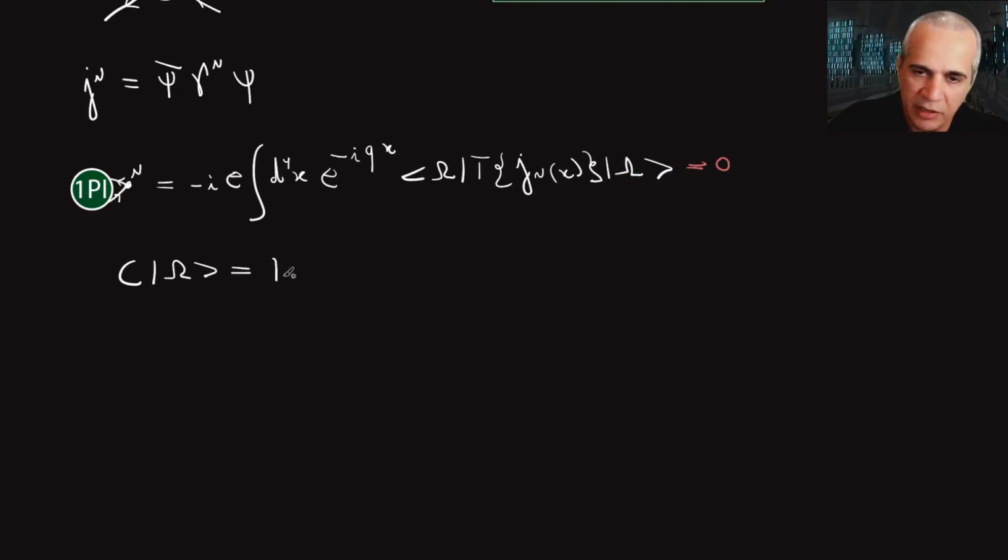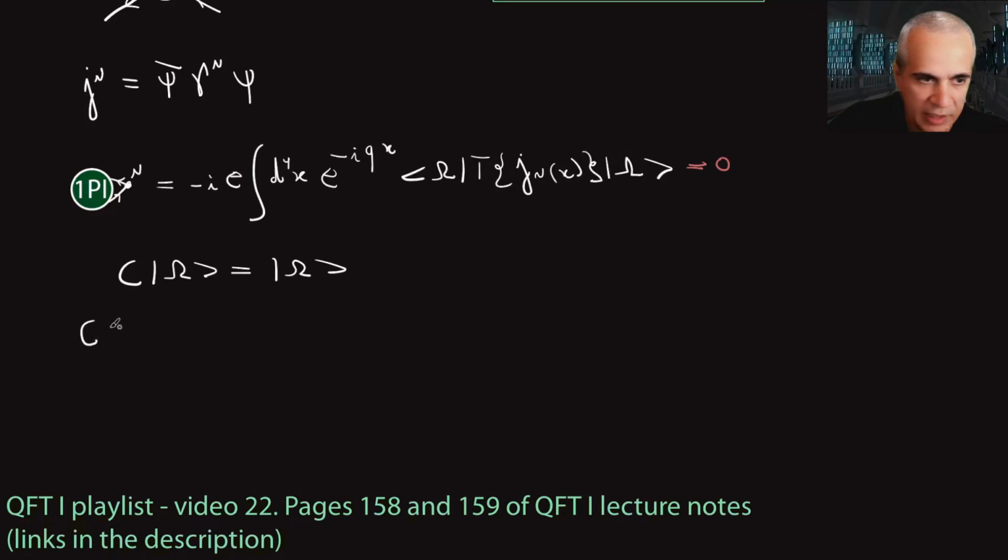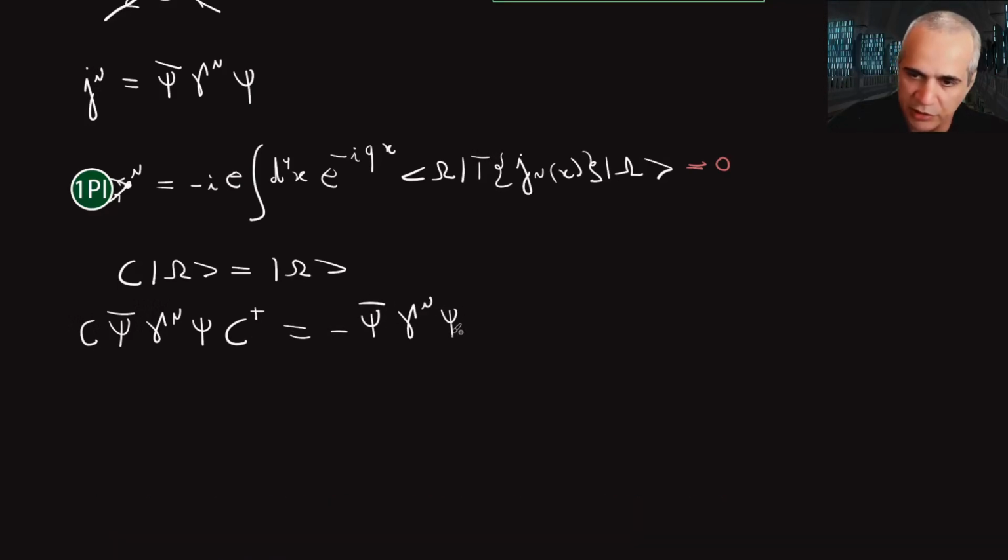The vacuum of QED is invariant under charge conjugation, right? And we have seen in quantum field theory 1 that this operator, the current, transforms under charge conjugation in this way. So it's odd under charge conjugation, right?